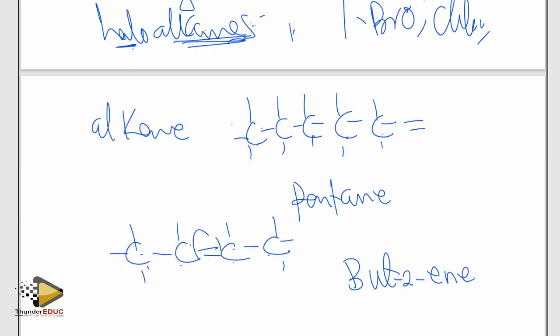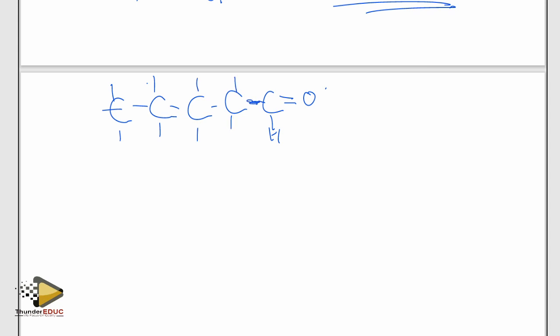Aldehydes. How do you name aldehydes? Aldehydes don't have a position. One, two, three, four, five. Maybe the functional group is there, and then hydrogen there. The remaining ones we put hydrogens. Make sure that there are four bonds on each. So basically, it's like that.